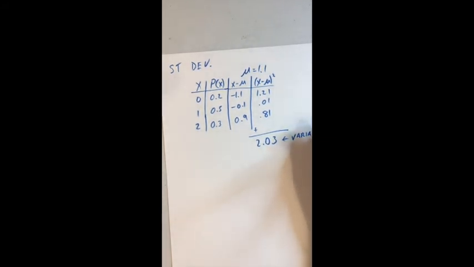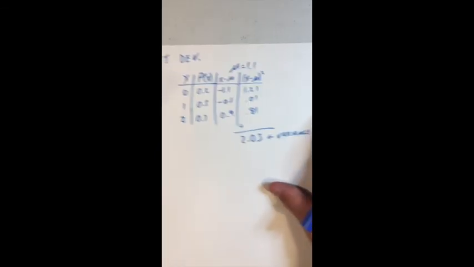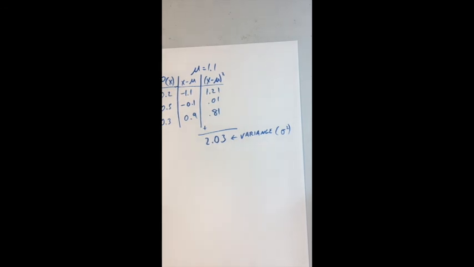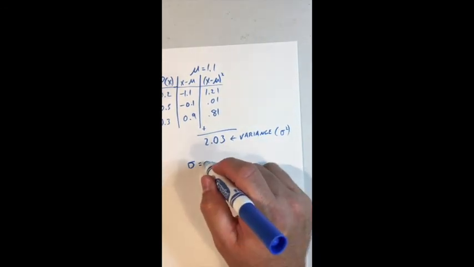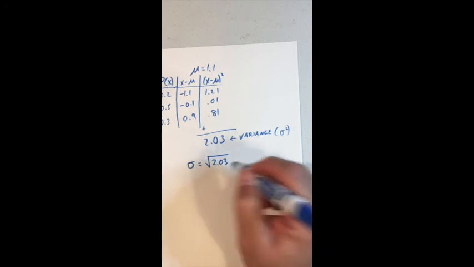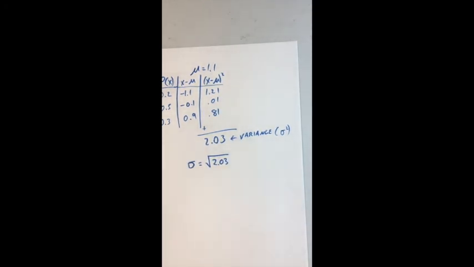Just as a side note, this is what's called the variance. The symbol for variance is sigma squared. What we're looking for is the standard deviation, which is just sigma. If we take the square root of 2.03, that will give us sigma, because sigma squared is 2.03.